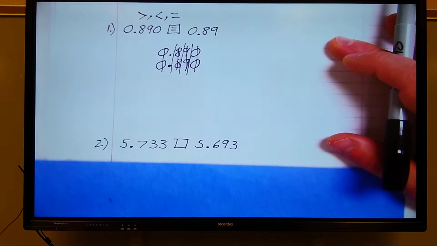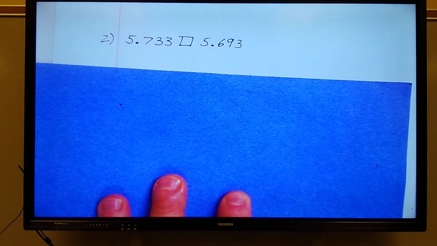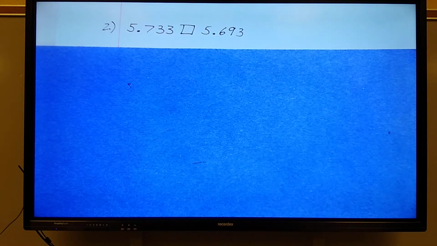Let's try it again. Solve this one. 5 and 733 thousandths greater than, less than, or equal to 5 and 693 thousandths. Don't just look at it and guess your answer. Work it out on your sheet of paper and come up with the right conclusion.